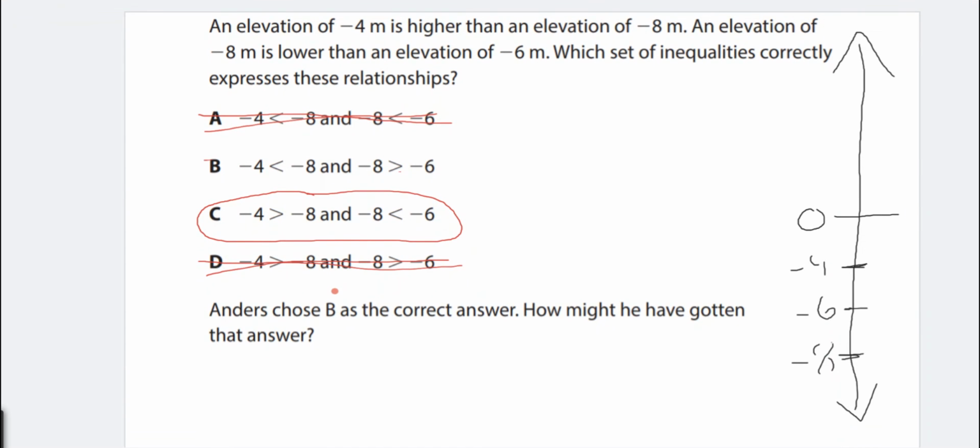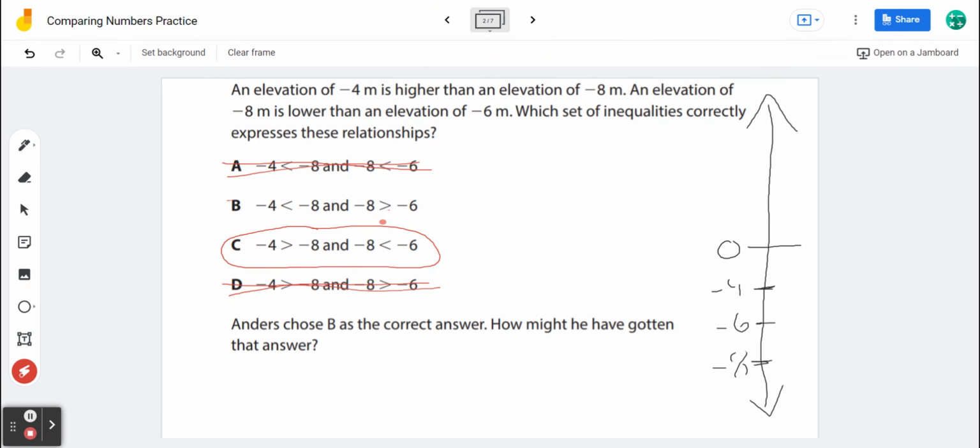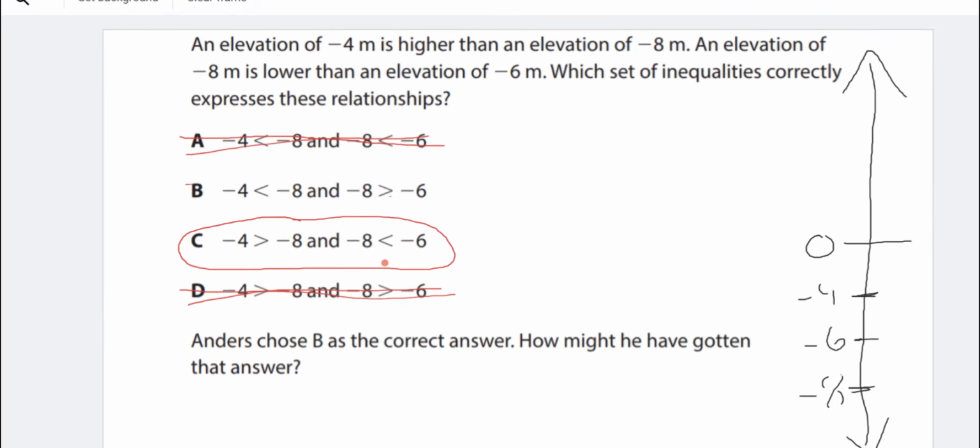Anders probably chose B because he thinks 8 is bigger than 4. So Pac-Man always wants to eat the bigger number. That is not a true statement. Pac-Man does not want to eat the bigger number. Pac-Man wants to eat the number that's further right on a horizontal number line or further up on a vertical number line.